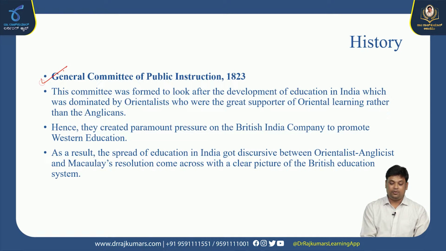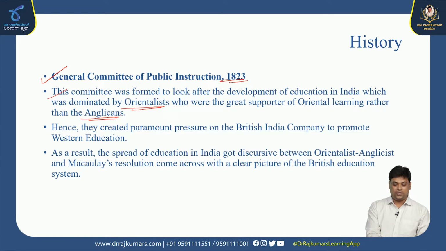General Committee of Public Instruction, in the year 1823. I am going to give you only the important points, just take note of this. Here there was a big debate: Anglicist or Orientalist form of education.